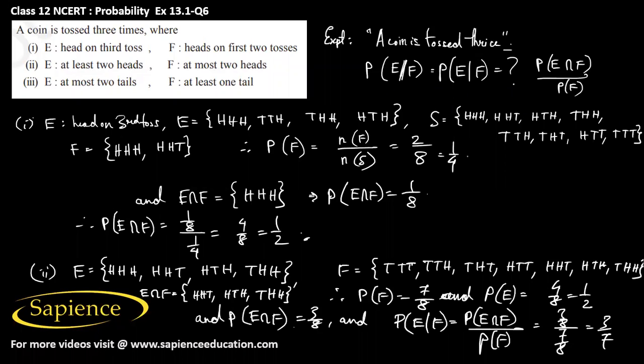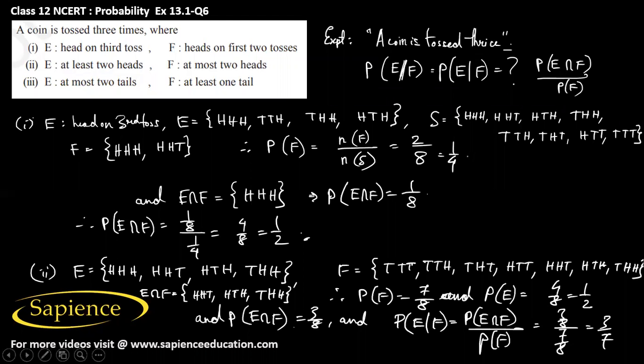Then in the third part, it has been told the event E is defined as at most 2 tails. So at most 2 tails means I can get 1 tail, 2 tails, or no tails. So no tails means head, head, head. And then 1 tail means tail, head, head.